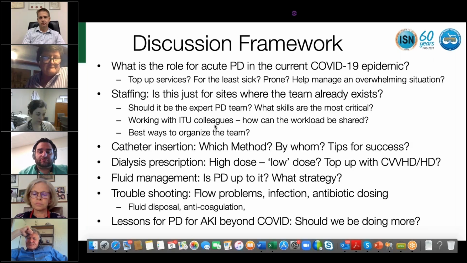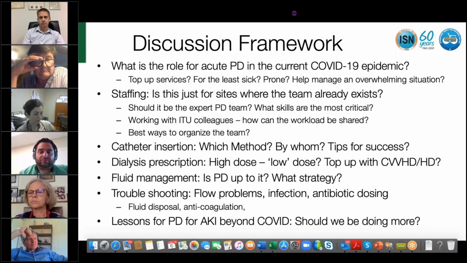Getting rid of the fluid, I would say the volume of the fluid was more the issue of getting rid of the fluid than the actual process by which we did it. And I have to say, our ITUs actually in the end provided runners to assist us with getting rid of that fluid, because if you can imagine, you've got 40 litres of fluid going through a patient and then you're UFing up to 5 litres.